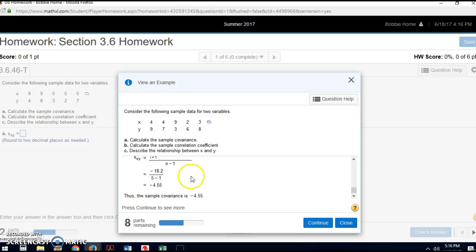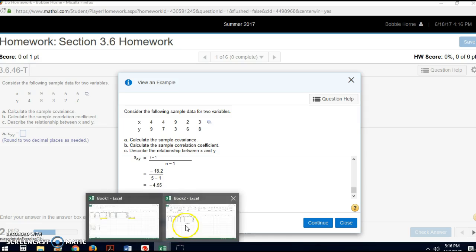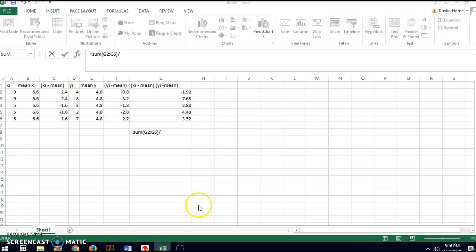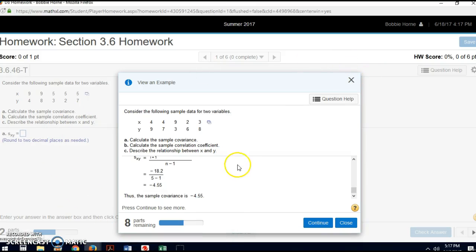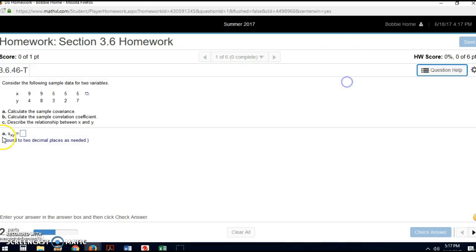Don't add all of these together. How many are in each sample? 5. So in our example, there's 5, so n minus 1 would be 4. So this is our covariance. Alright, so let's check that. Now theirs was a negative, ours is a positive.